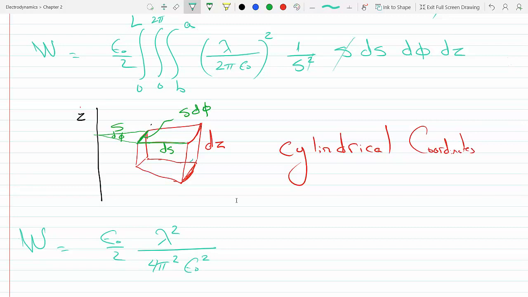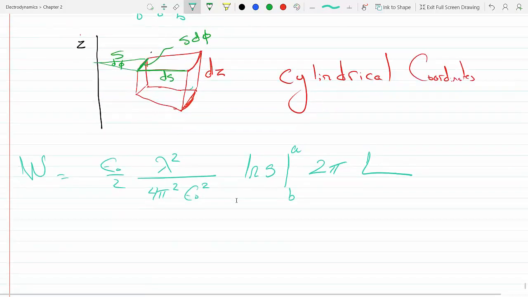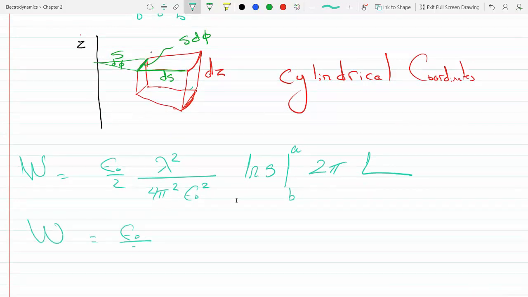The 1/s cancels. The integral of 1/s over s will be ln s from b to a. The integral of d phi from 0 to 2 pi clearly will be 2 pi. And the integral of dz will be z from 0 to L, so that's going to get you L. And so now, just simplifying, this will be epsilon over 2.